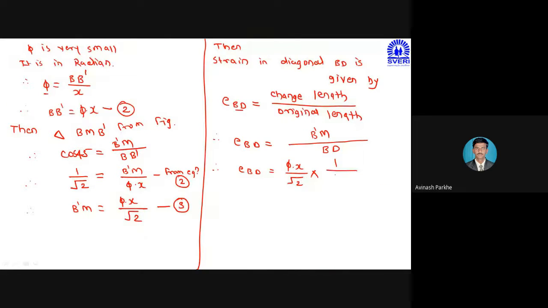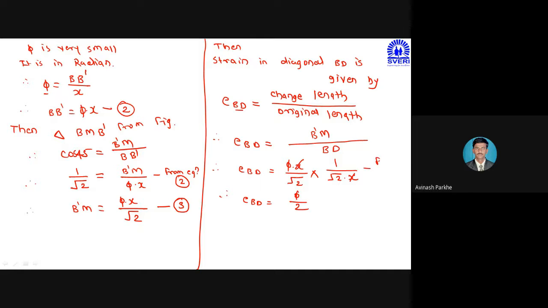So the x from the denominator and the x from the numerator will get cancelled. Therefore, E of BD is equal to phi upon √2 into √2. How much? √2 into √2 is equal to only 2.